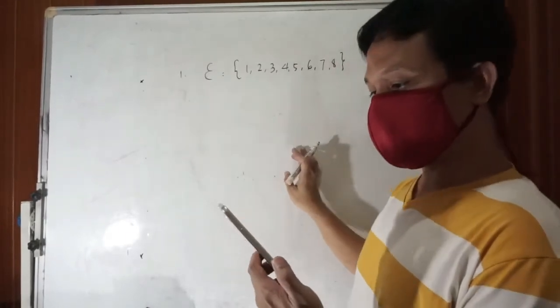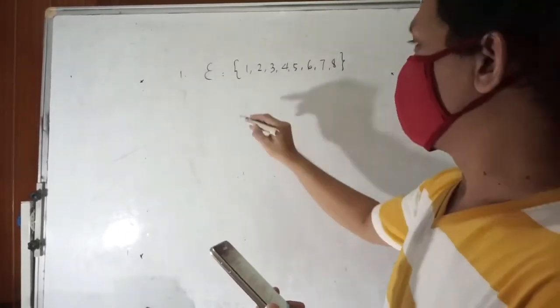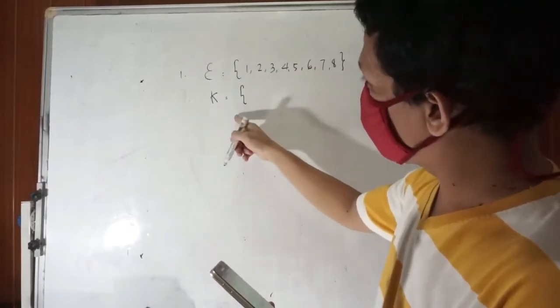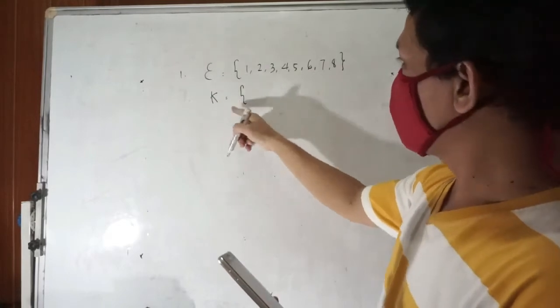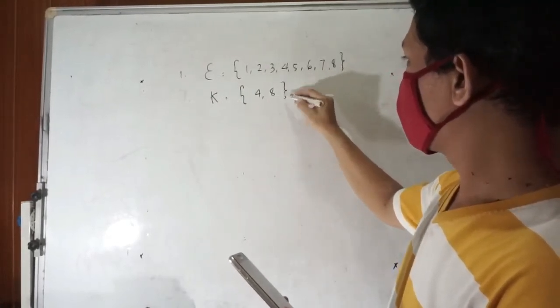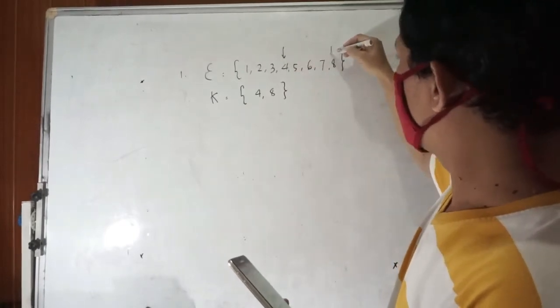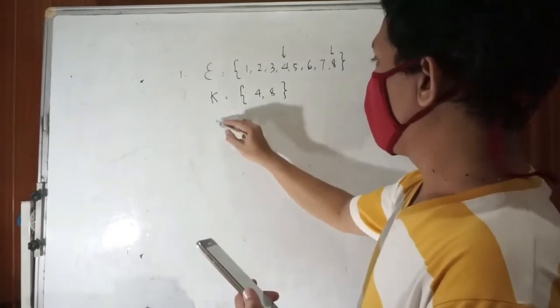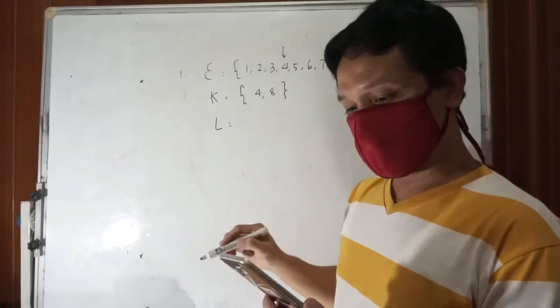And then set K is the multiples of 4. So in the universal set, K is 4 and 8 only, right? Because multiples of 4, automatically only 4 and 8. And then L is the odd numbers.